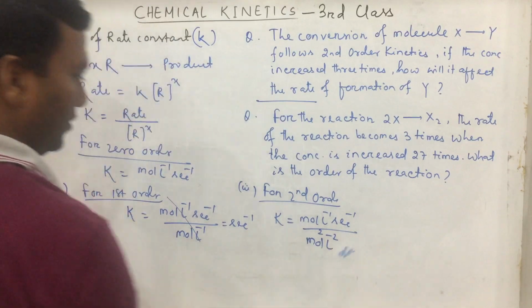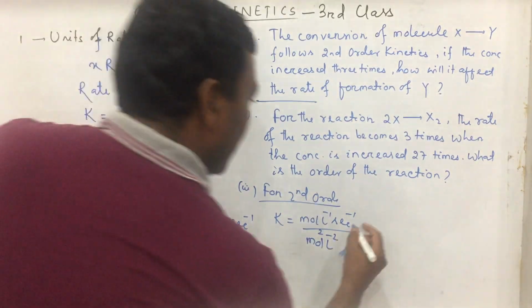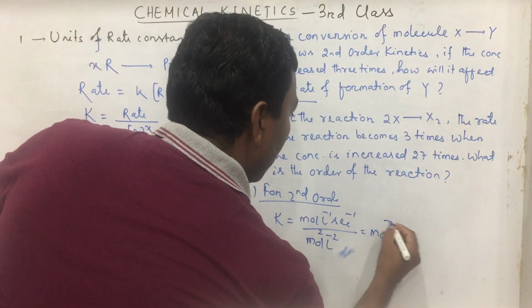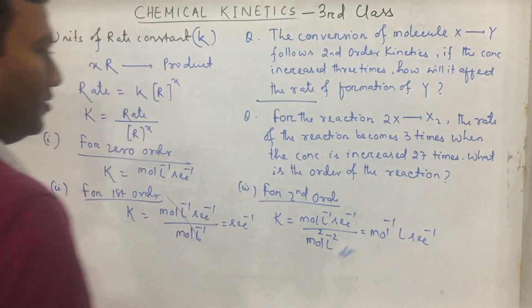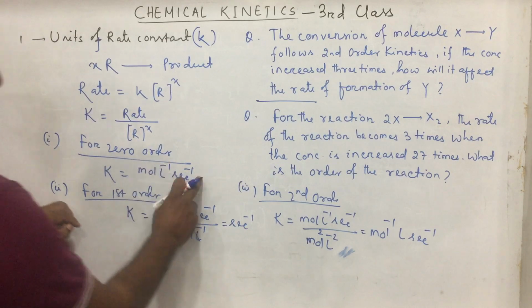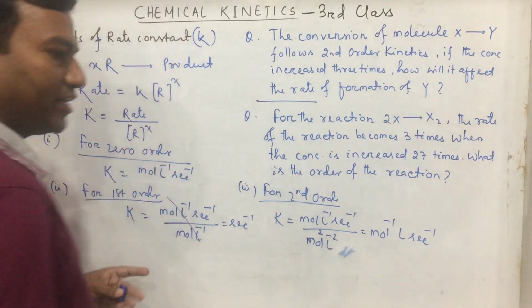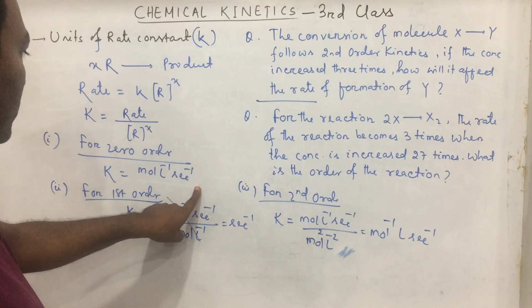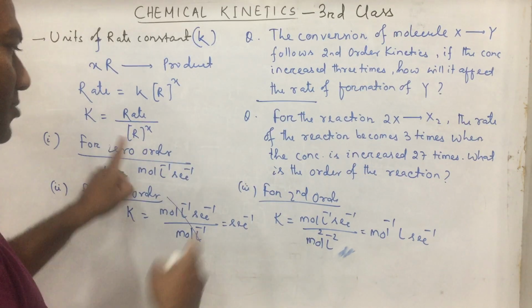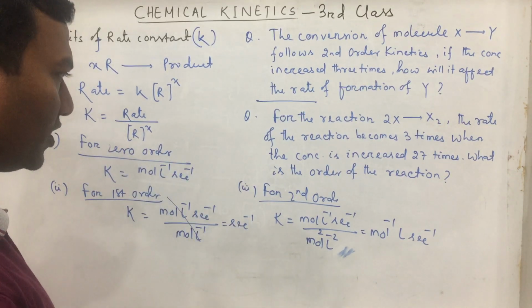If we cancel this, then it will come mole inverse liter second inverse. So like this for zero order, first order, and second order. When a question comes, the unit will be given and the question will ask what is the order of the reaction, meaning a reverse question will come. Clear?